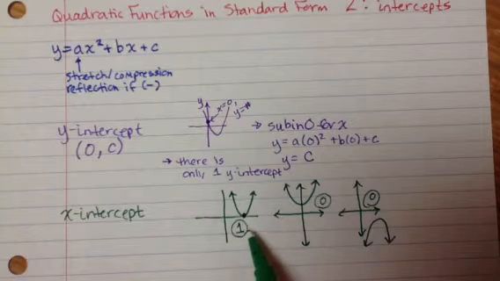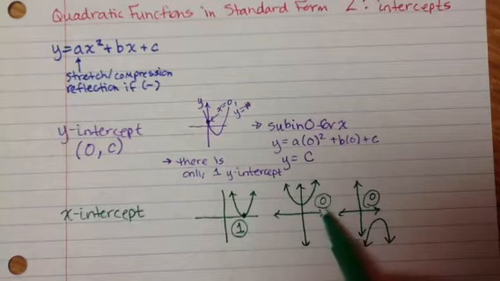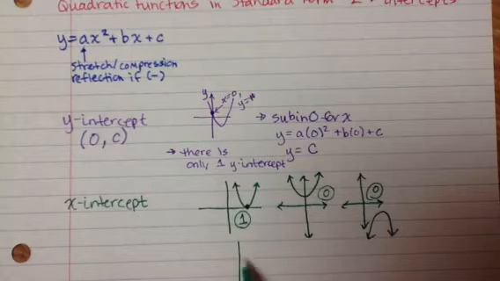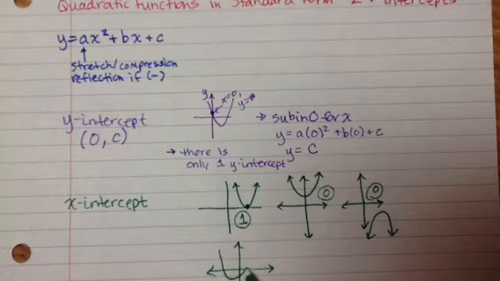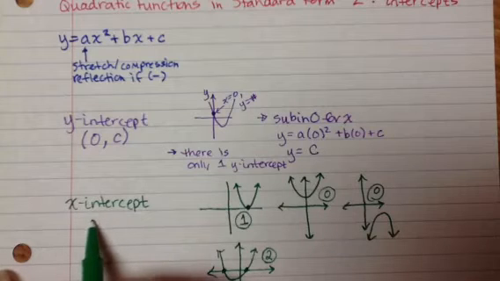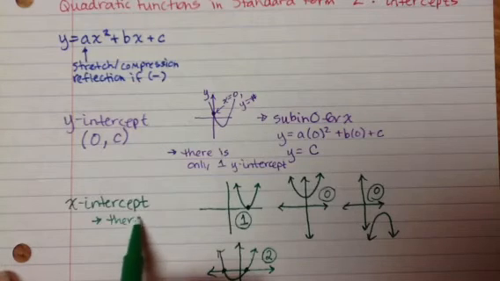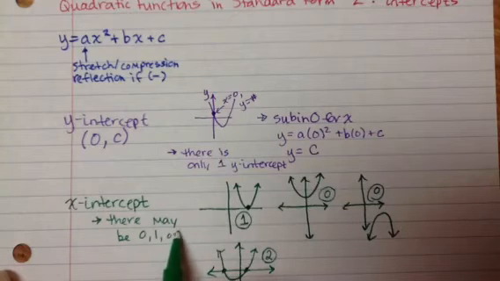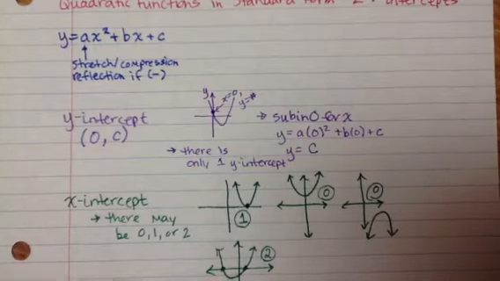So we could have one x-intercept, 0 x-intercepts, or we could have a graph that crosses the x-axis twice. So we could have 2 x-intercepts. So x-intercepts, there may be 0, 1, or 2, depending.